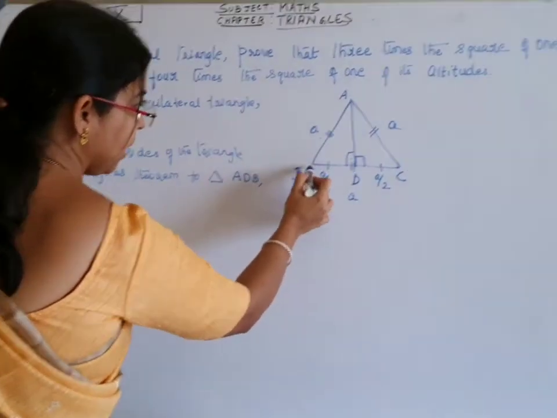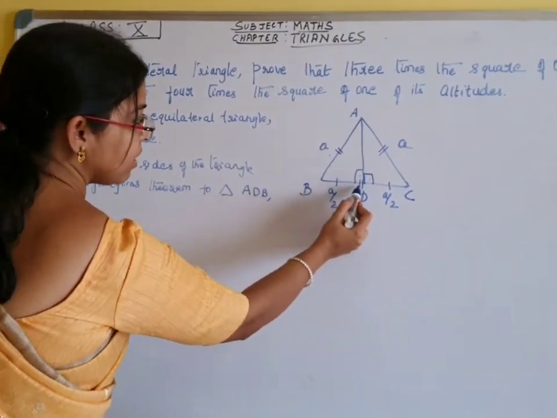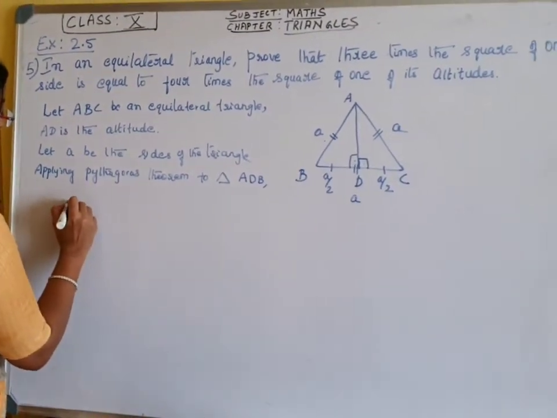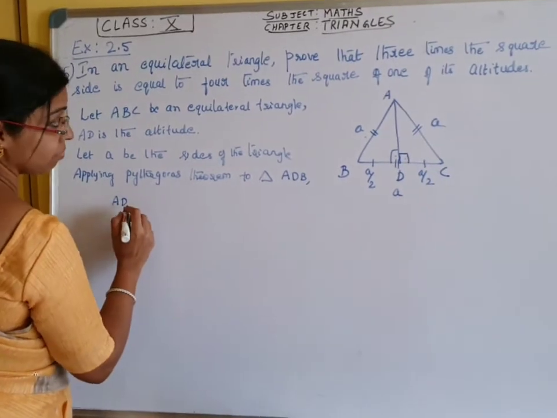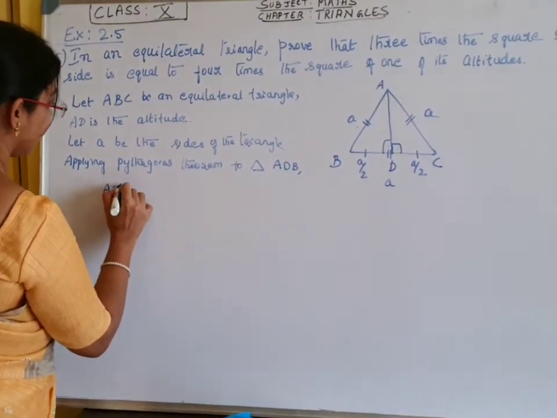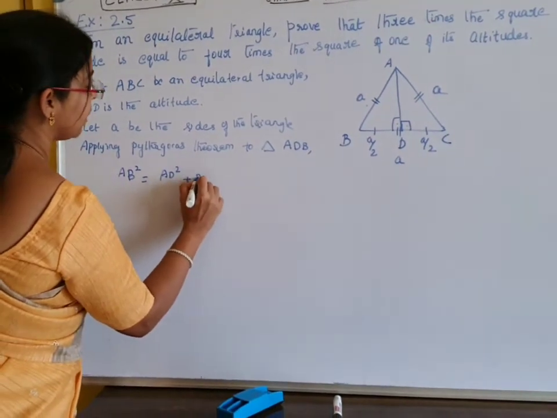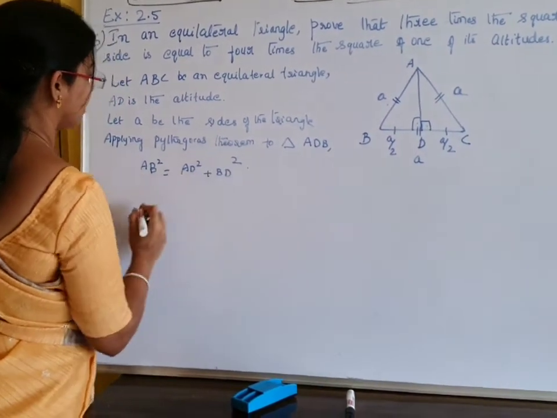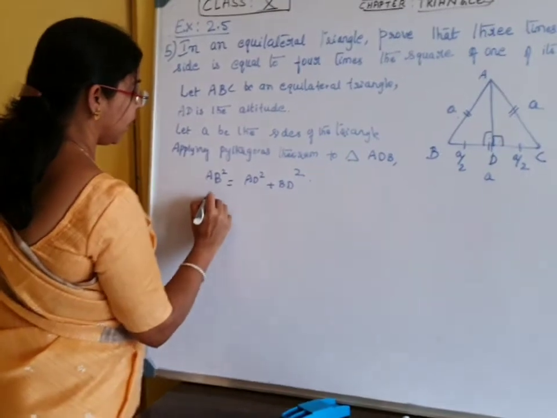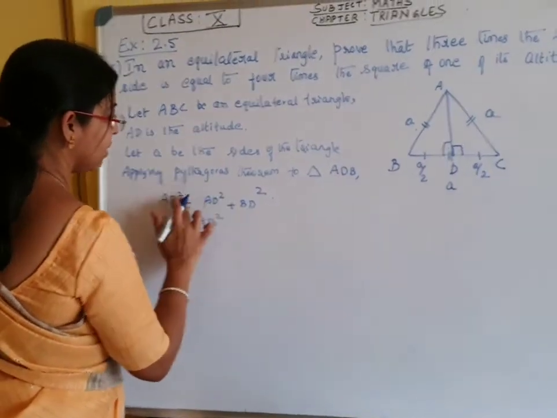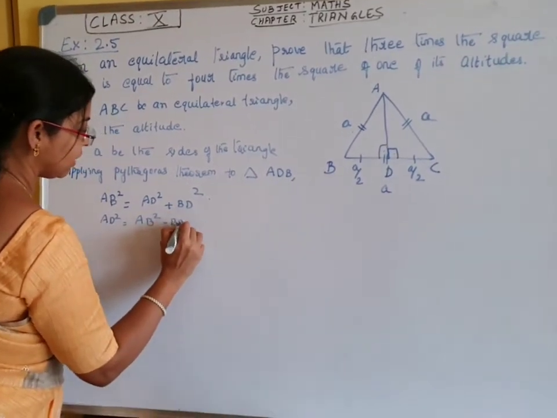Hypotenuse will be AB. AB square is equal to BD square plus AD square. So AB square is equal to AD square plus BD square. AD square is equal to AB square minus, we will bring it this side, BD square.